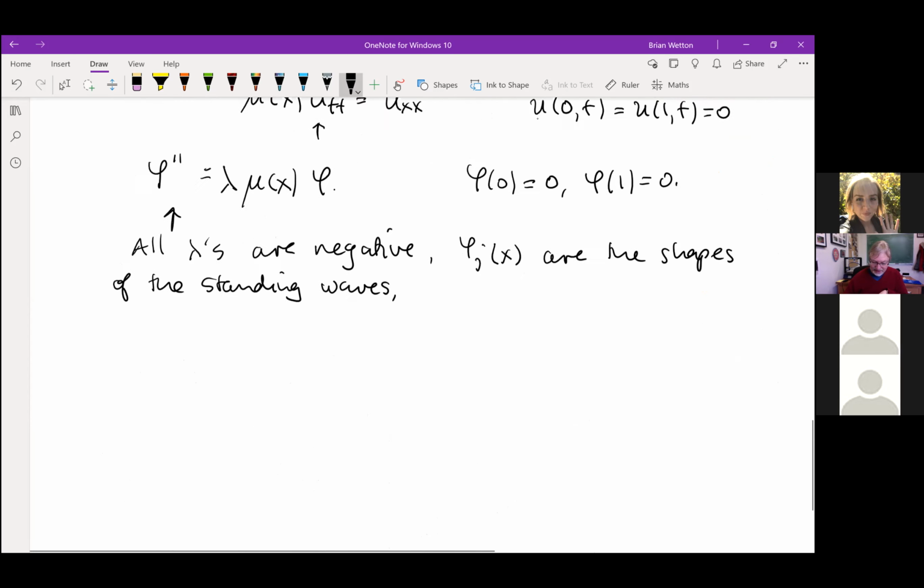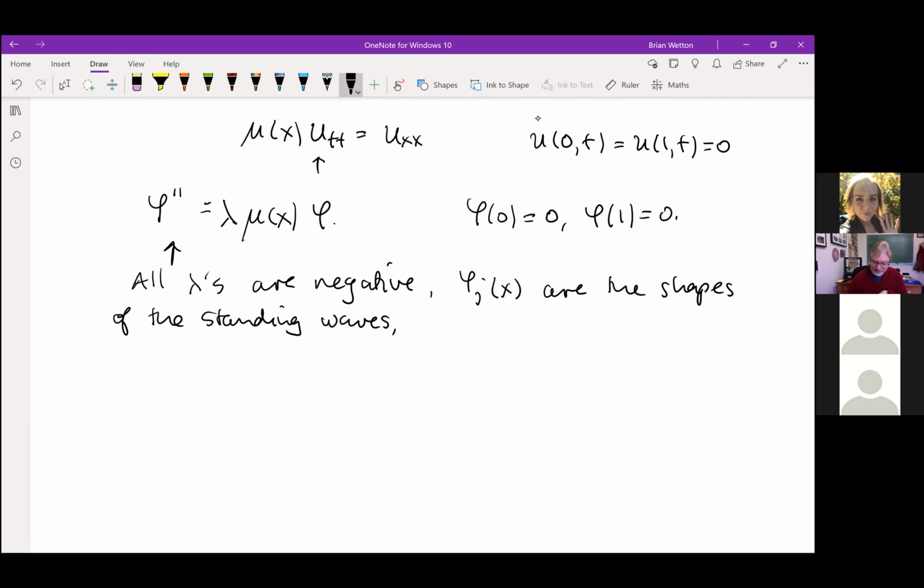Right, and so in this case, these waves will have angular frequency, which if this was a musical instrument, this is what you would be hearing, the square root of minus lambda. Okay, so we can do all of those things.